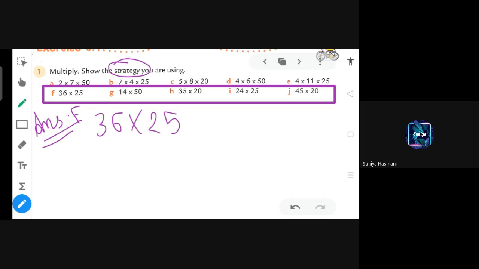When in the heading something like use the strategy and do mentally is given, only then we multiply like this, otherwise we multiply as we usually do, showing the full sum. Please don't get confused. Again I'm repeating, why are we using this shortcut trick to multiply? Because of what is given in the heading: using strategy.